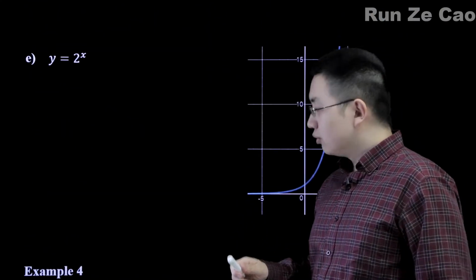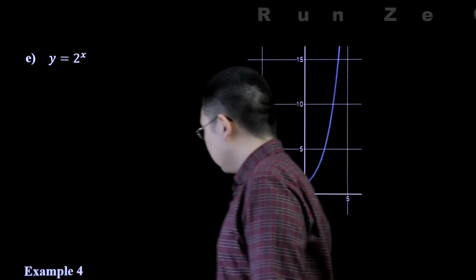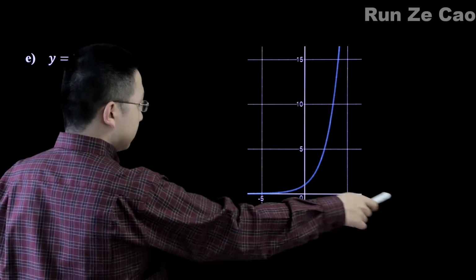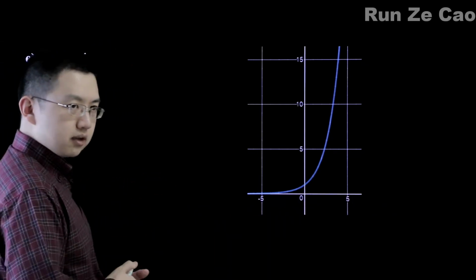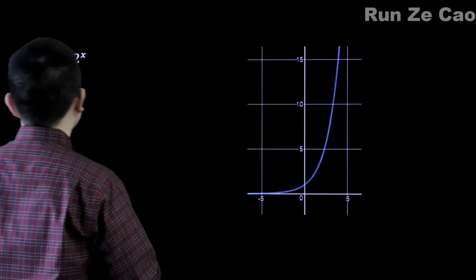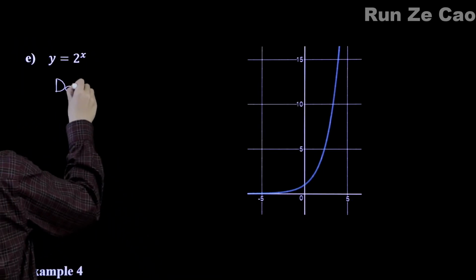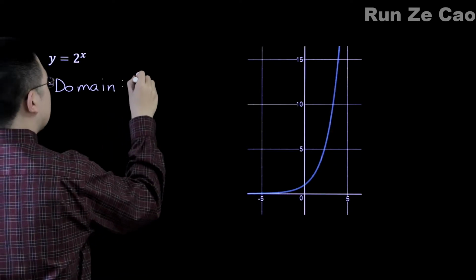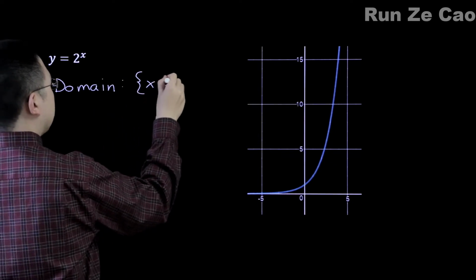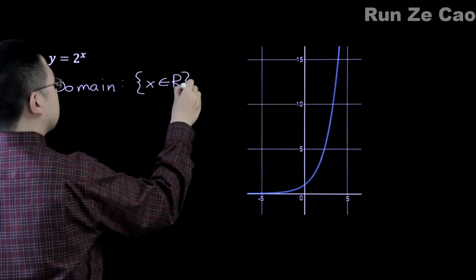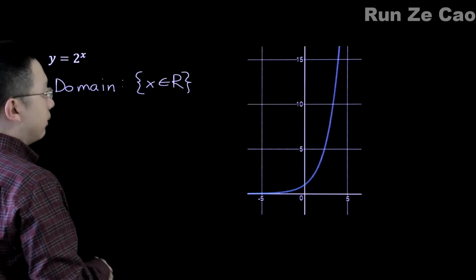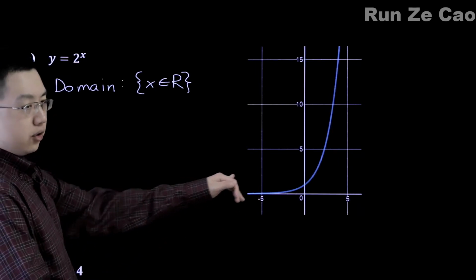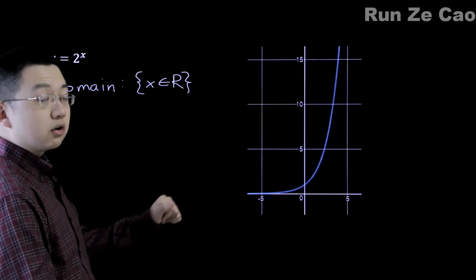Now for y equals 2 to the power of x, we see that for every x value, there exists a y value that is a real number. So the domain is just x is an element of the real numbers. Now what about the range? The range goes to infinitesimally above 0.